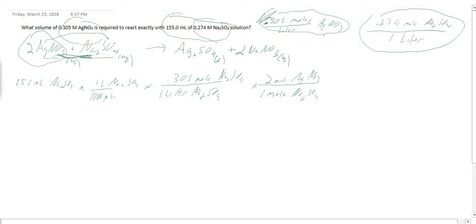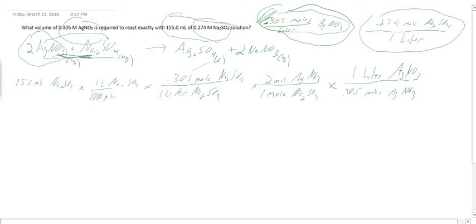That's my stoichiometry. When I do reactions, I have to use that stoichiometry. And now I'm asking for a volume, so I can use this conversion factor right here that I already wrote down ahead of time. I'm just going to flip it over and say that there are 0.305 moles of silver nitrate in every liter of silver nitrate.